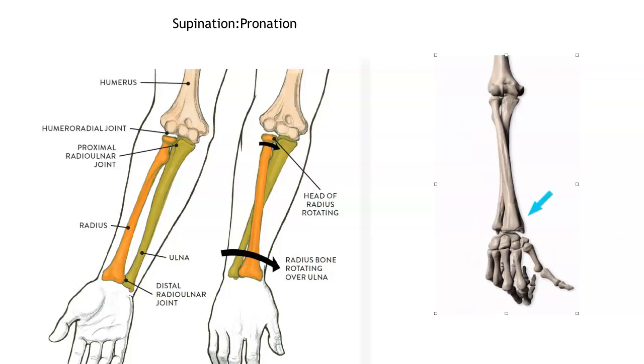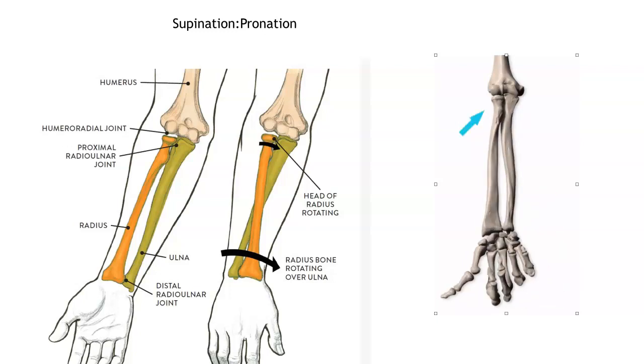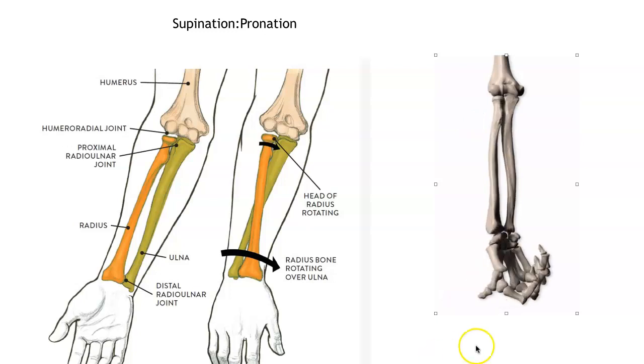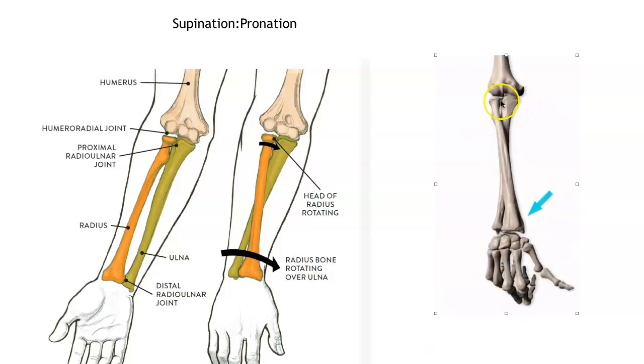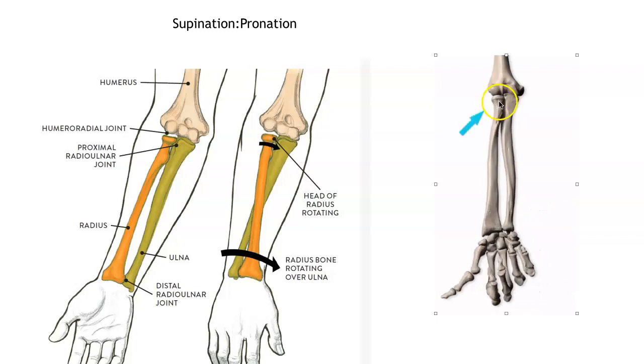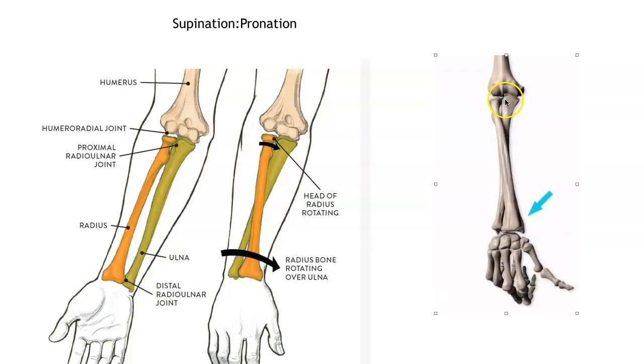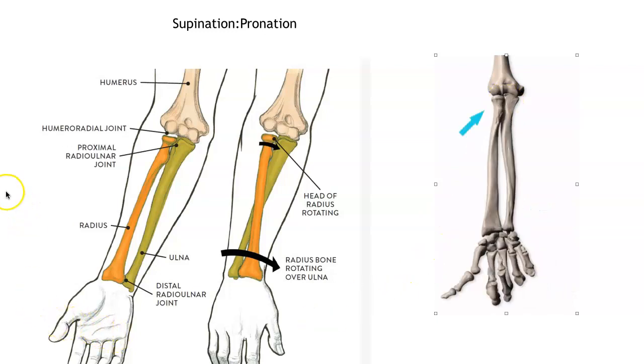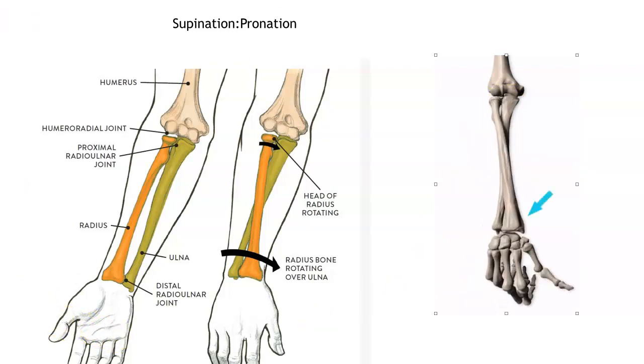Pronation, easy, supination, back. And that action, look at what's going on up here. It's just rotation of the head of the radius in that radial notch of the ulna. So kind of easy to see that. I just wanted to show you that in a real person.